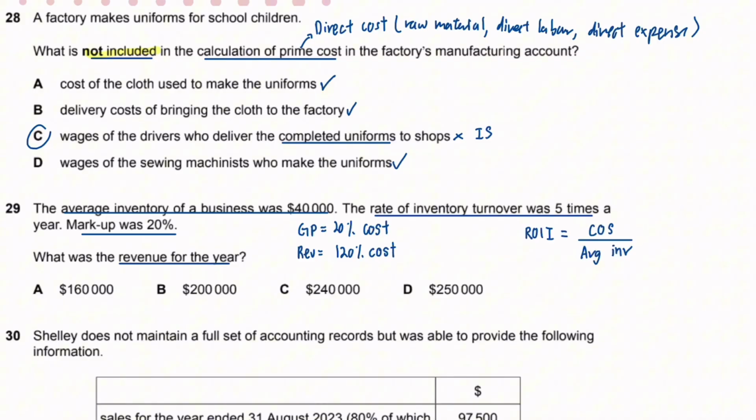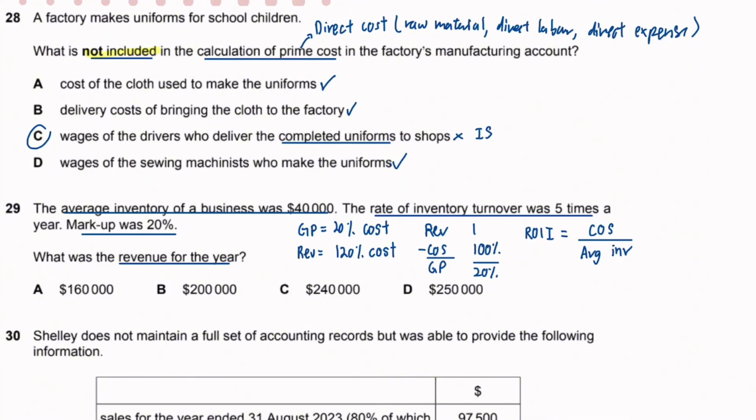So how do we derive this? It's actually rather simple. Remember the income statement formula: revenue, you minus cost of sales, and then you will get your gross profit. So when you see markup, immediately you need to know that your cost of sales is always 100%, and then your gross profit is 20%, right?